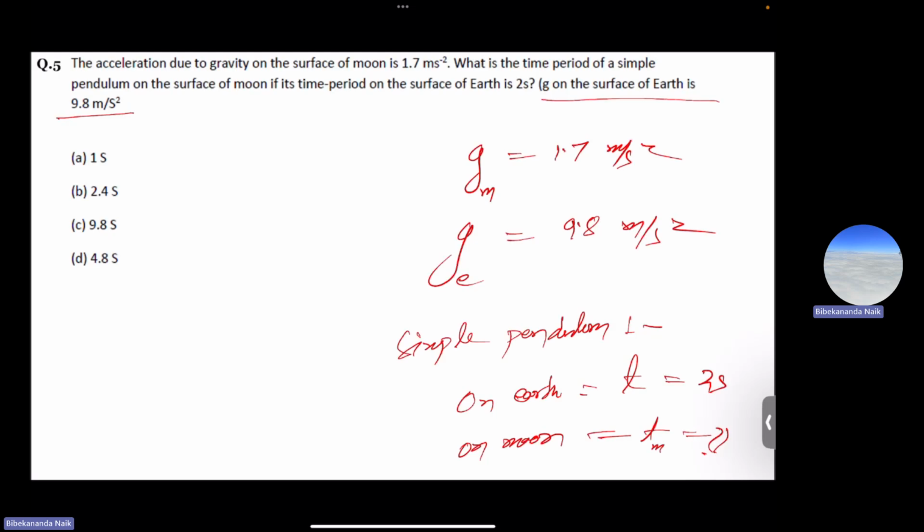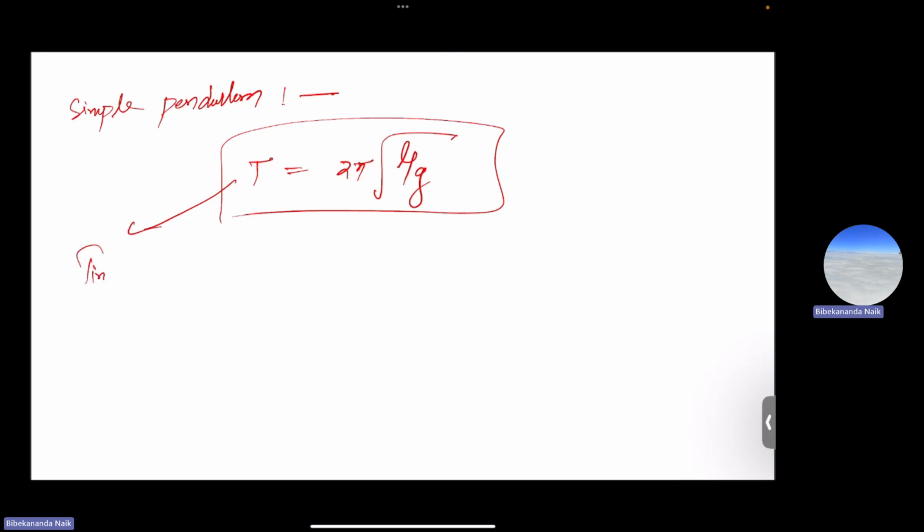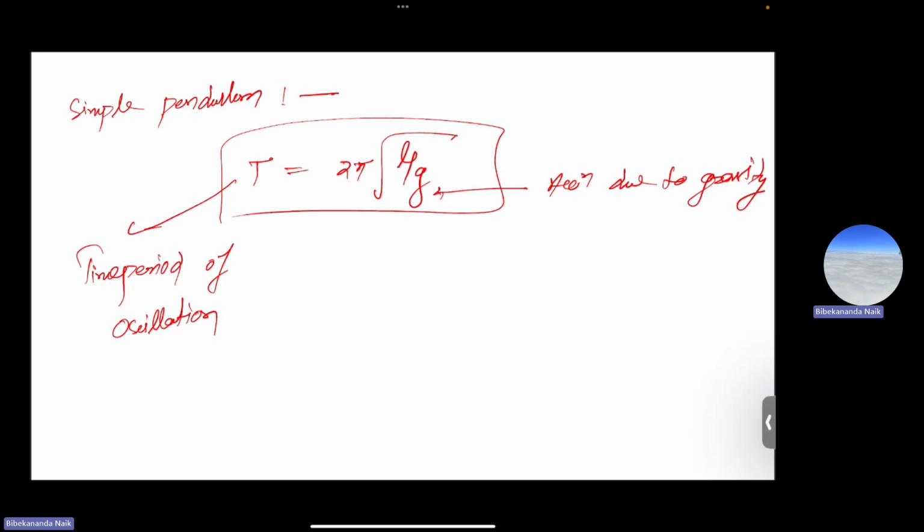So here the problem is given for a simple pendulum, and for a simple pendulum the time period of oscillation is given by T equals 2 pi root over L by g, where T is the time period of oscillation and g is acceleration due to gravity.